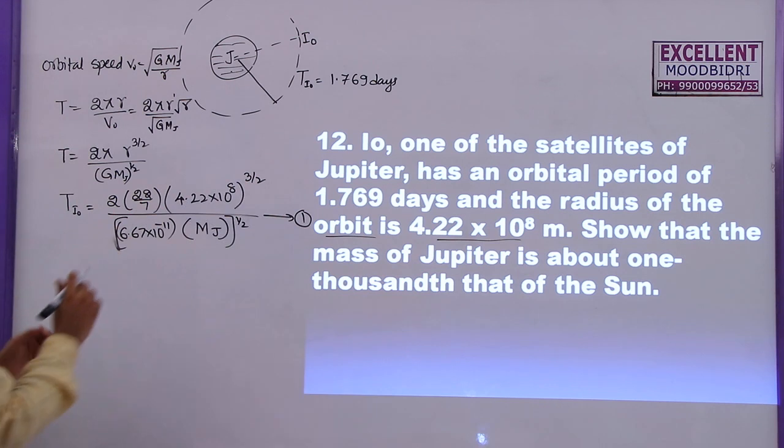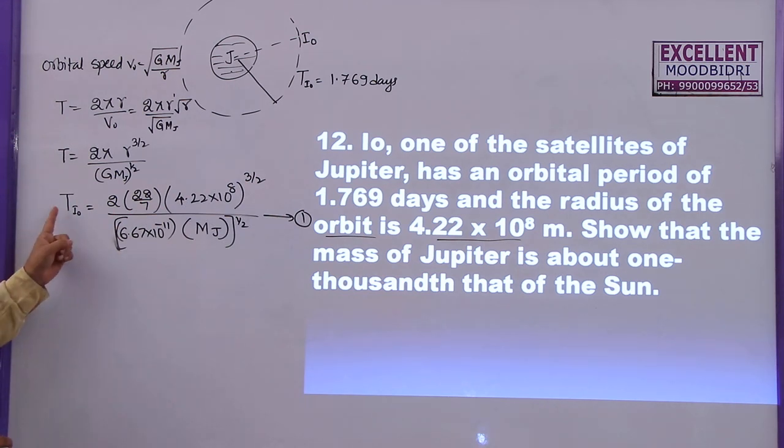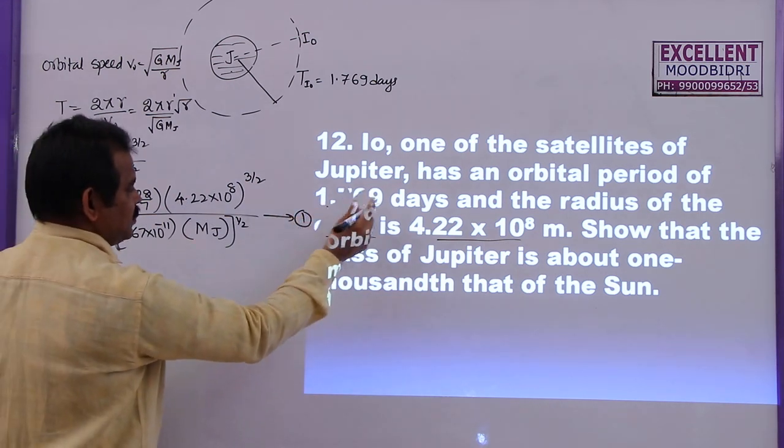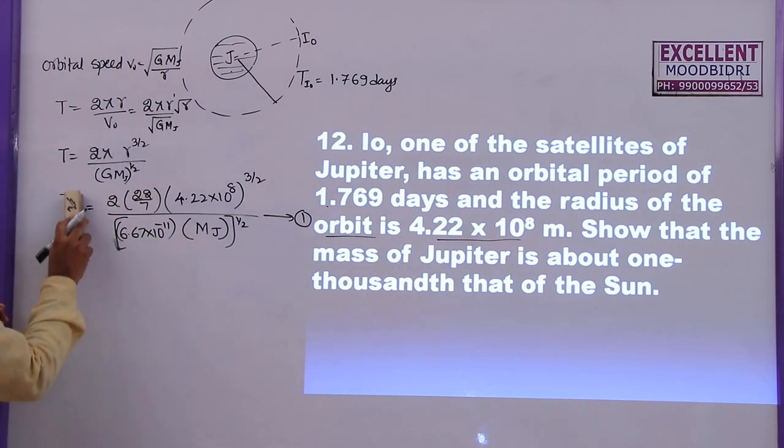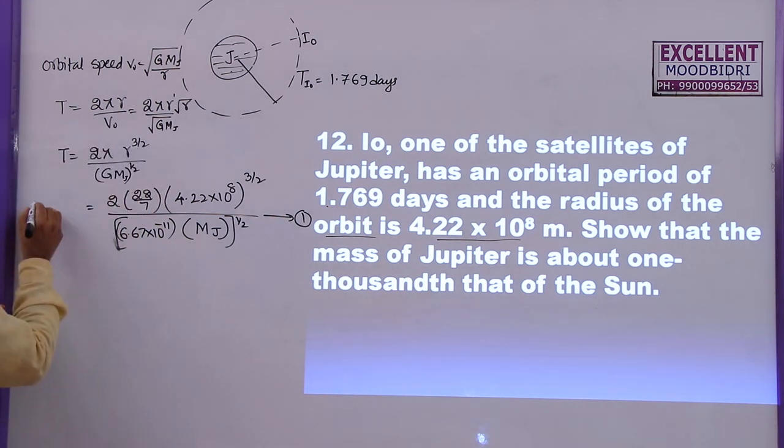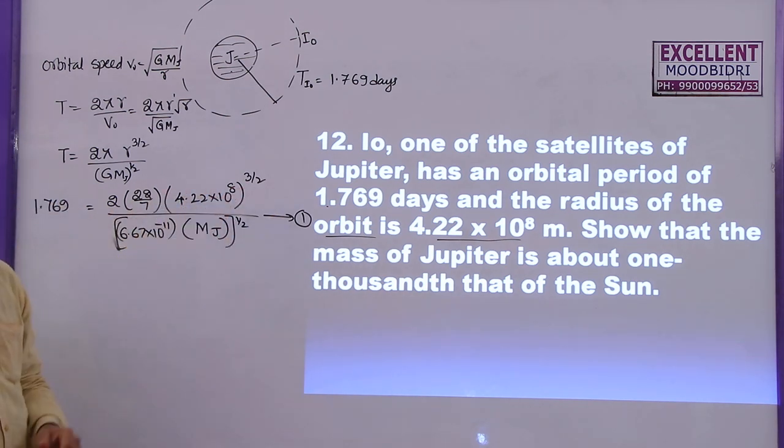Let me take it as equation 1. But I know the time period of Io, which is given as 1.769 days. So in place of this T Io, I am going to write 1.769 days. So this is part 1 of this problem.